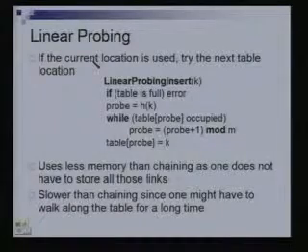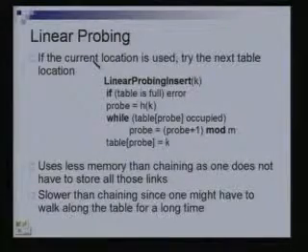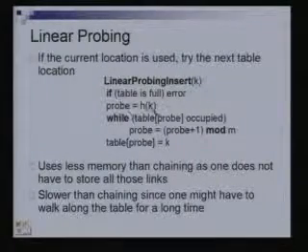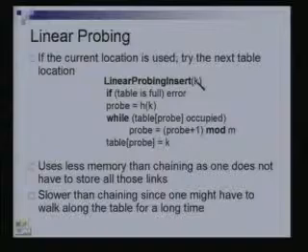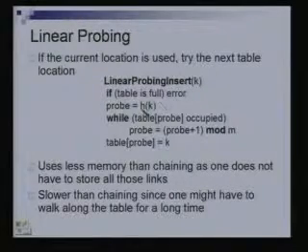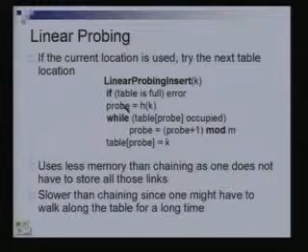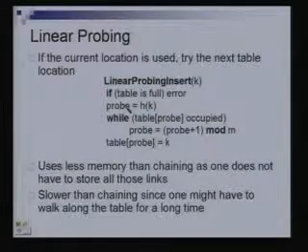The first technique under open addressing is called linear probing. So what do we do? It's very simple. I have the key k which I am trying to insert. I have a hash function h, I compute h of k. This is the first place of the hash table that I look at.